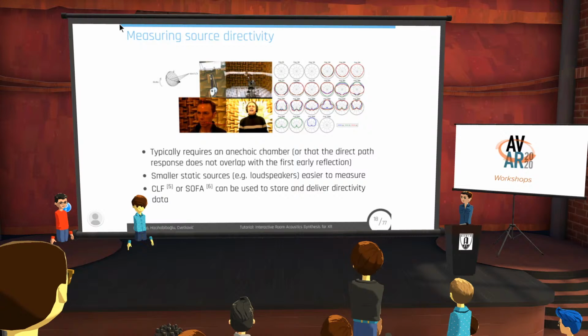You have to have a circle of microphones around the speaker, and mind you, you cannot get your human speaker to generate synthetic sounds like tones or pseudo noise. So you're practically bound by vowels or other speech-like sounds. From a practical point of view, formats such as the common loudspeaker format or the spatially oriented format for acoustics can be used to store and deliver source directivity data.